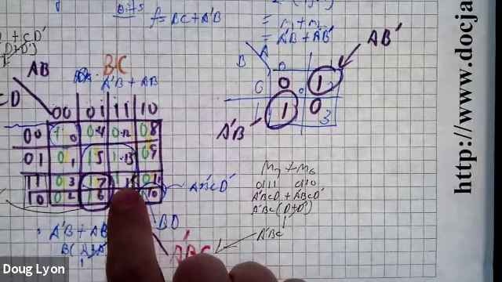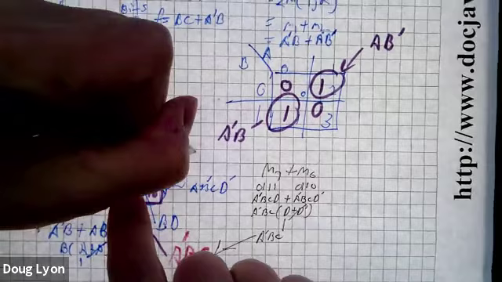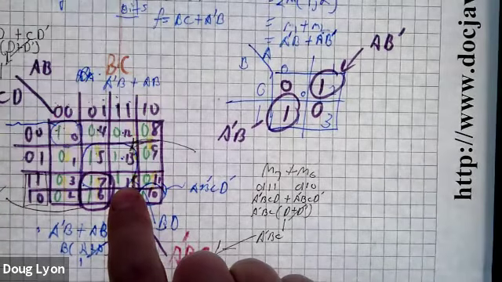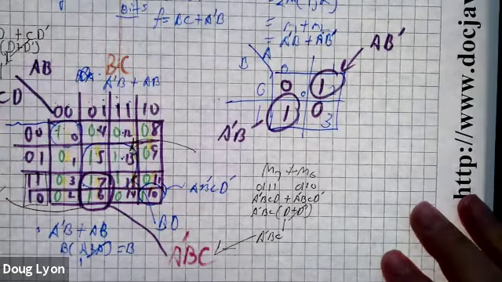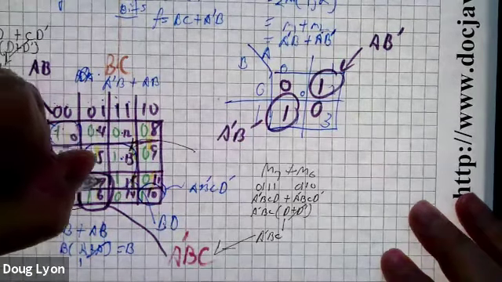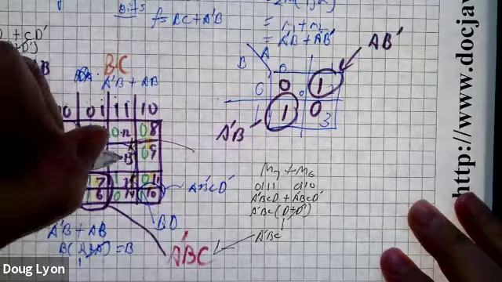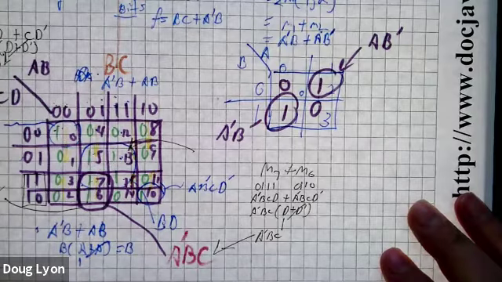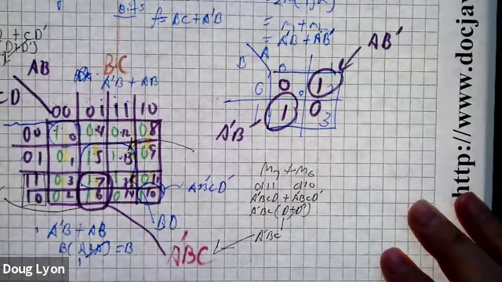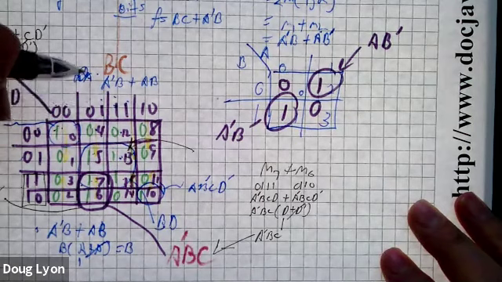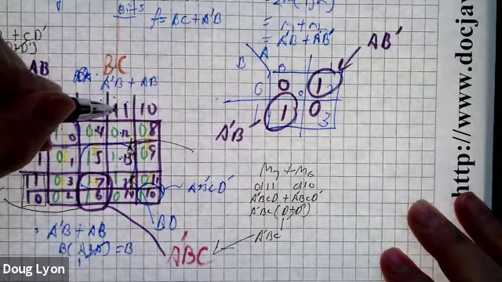Let's take a look at this center loop in here. Now we're looping 4 elements at a time: 5, 13, 7, and 15. Sorry, I said it wrong. Now we take a look at it and we say B is constant, but A is changing, so it gets factored out.